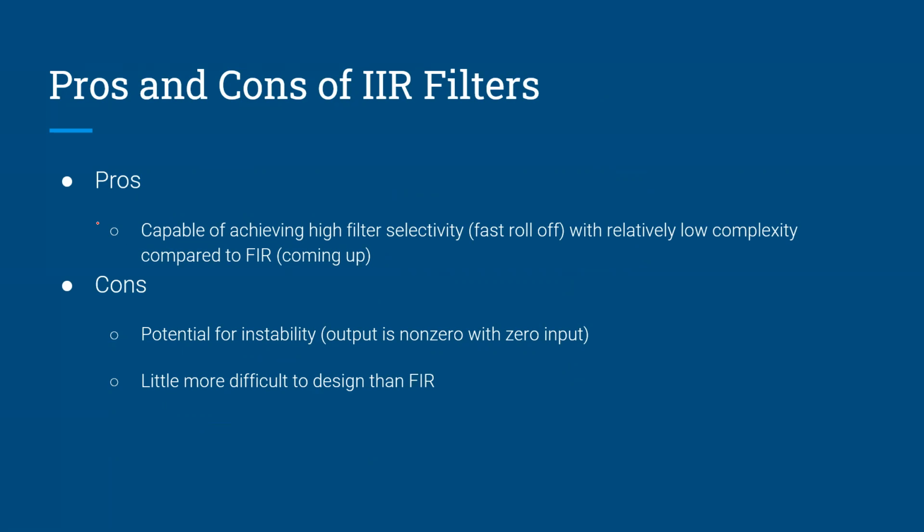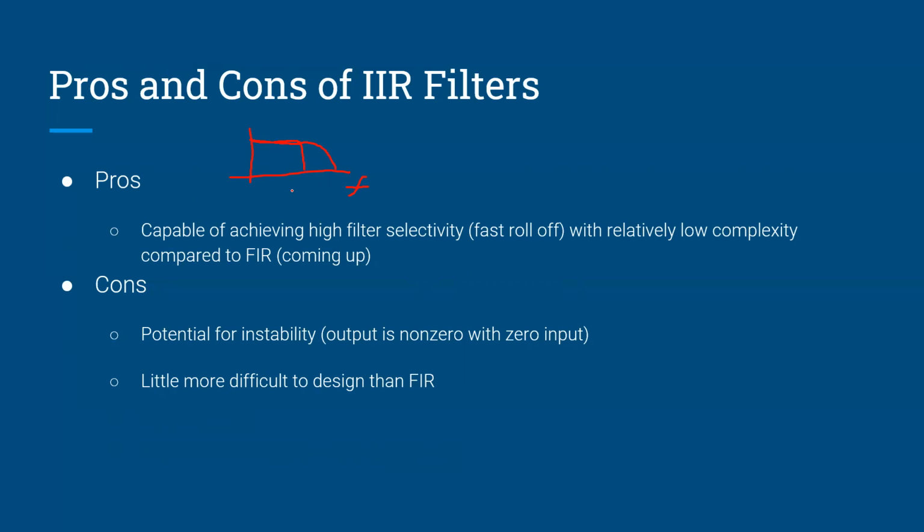So by using an infinite impulse response, you can get sharp transitions in frequency. What that means is, say you have a low-pass filter, for example. So here's frequency. You could have a very sharp transition, as opposed to if you had a finite impulse response, you might have something more gradual.